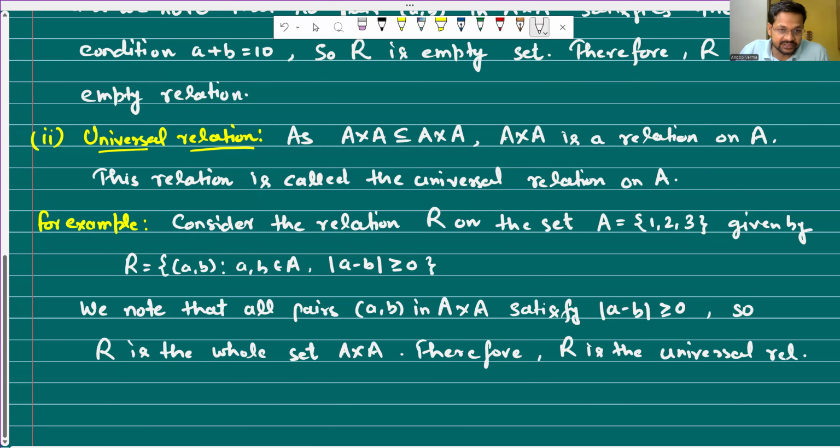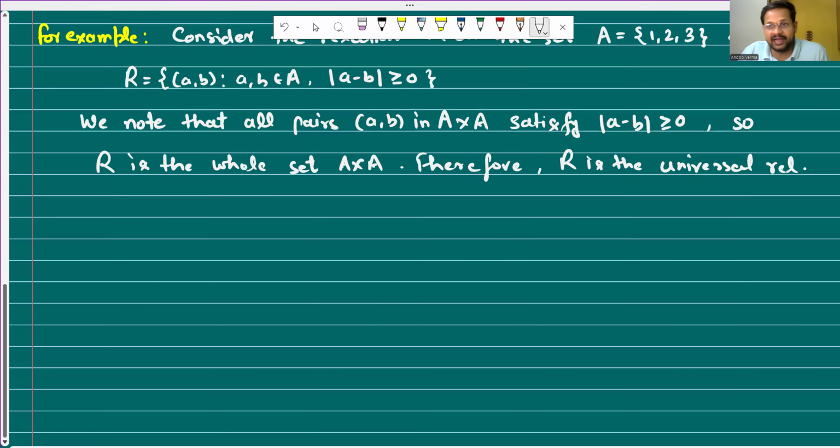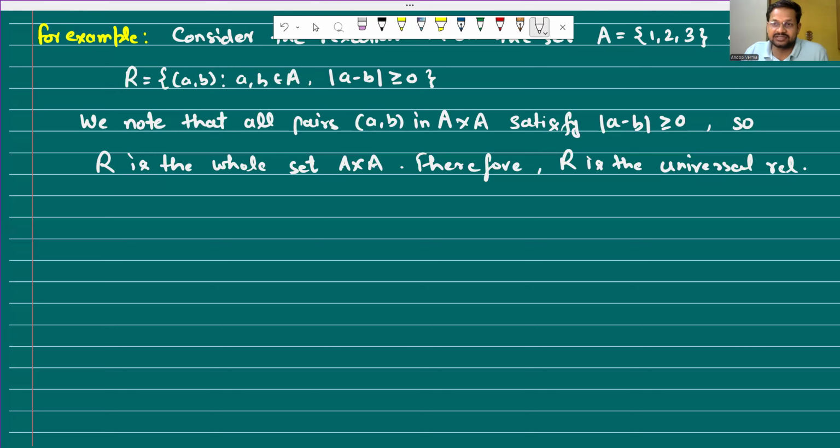So here the empty relation and the universal relation always exist, right? So you can say these are trivial relations. Sometimes in textbooks they are called trivial relations. Trivial means they are already in existence and we know about them.